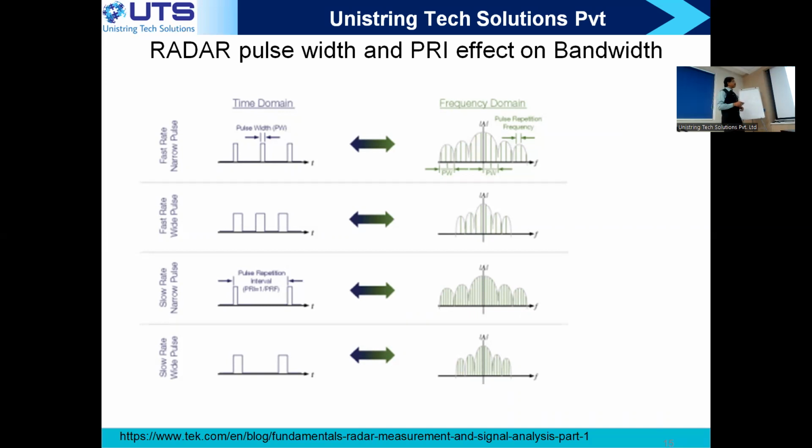As you make the pulse width narrower, the sinc lobe gets extended. As you make the pulse broader in the time domain, its bandwidth reduces in the frequency domain, and the first null of the sinc keeps reducing. As you keep moving these pulses farther apart, you would see that the impulses in the frequency domain come closer and closer. Observe this. This is a short pulse. Compare these two, and compare the first and third.